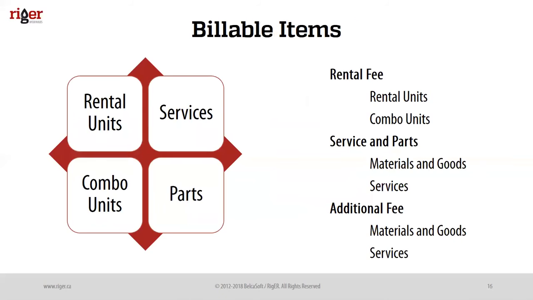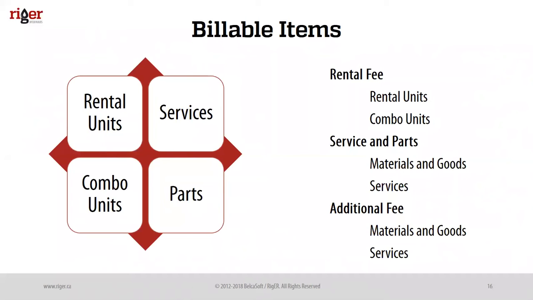So we have 4 major categories in RigER, which you can see in the final invoice. These are rental units, combo units, service, and parts. Sometimes they call parts consumables, sometimes materials and goods, whatever.